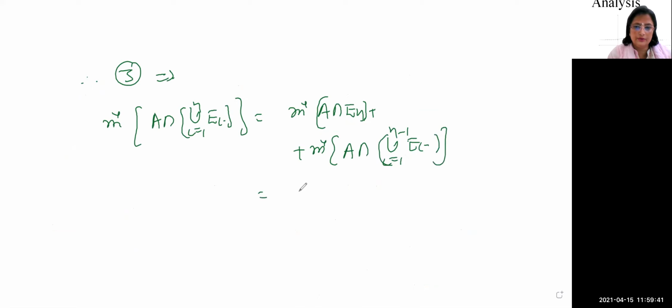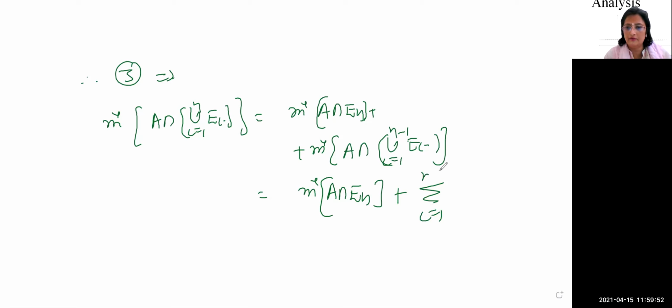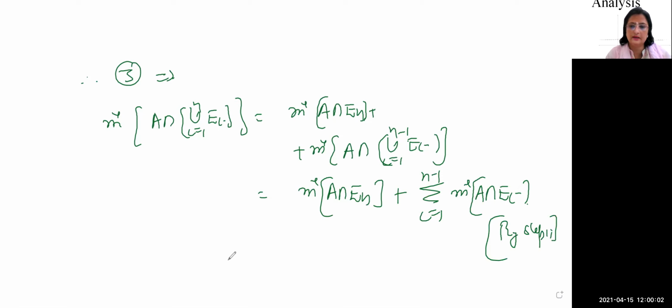So this is equal to m star of A intersection En plus, and the result is true for n minus 1. So this becomes summation i running from 1 to n minus 1 of m star of A intersection Ei by step 2. Okay, by step number 2.